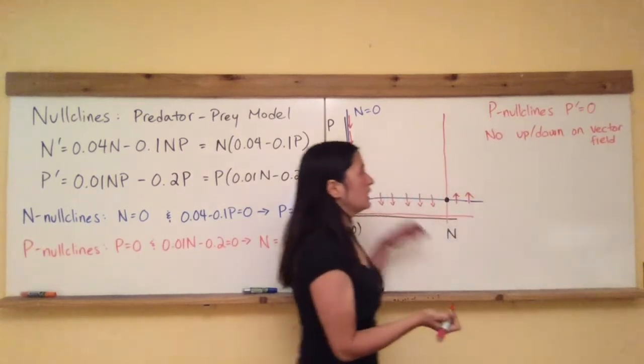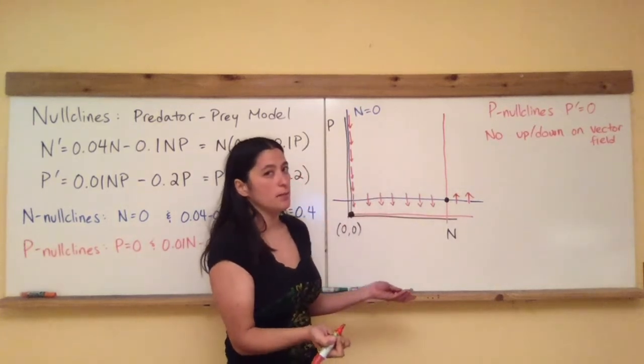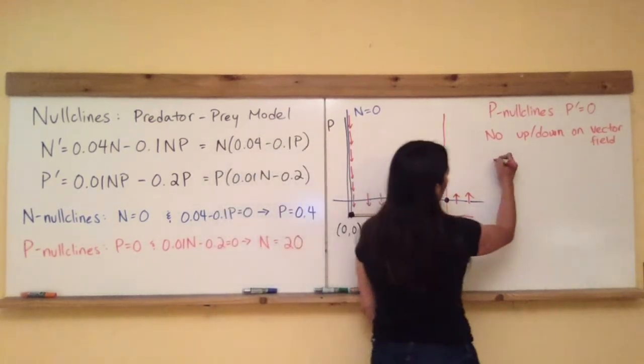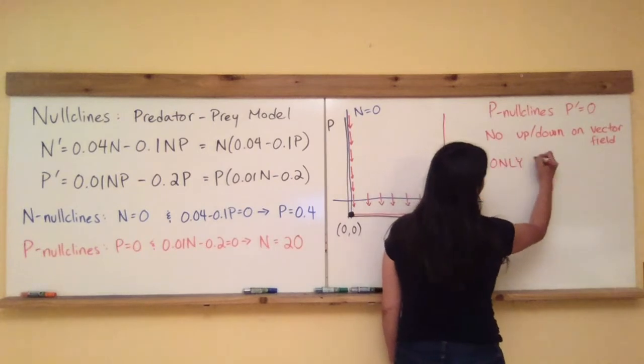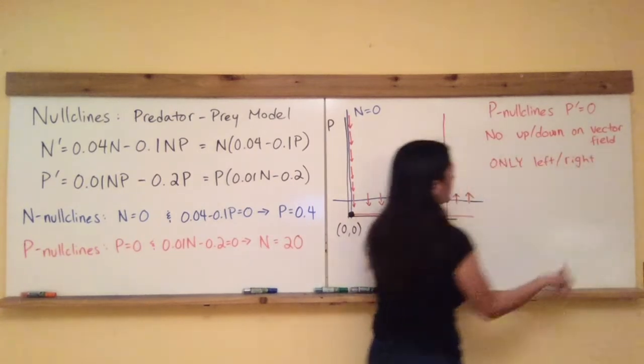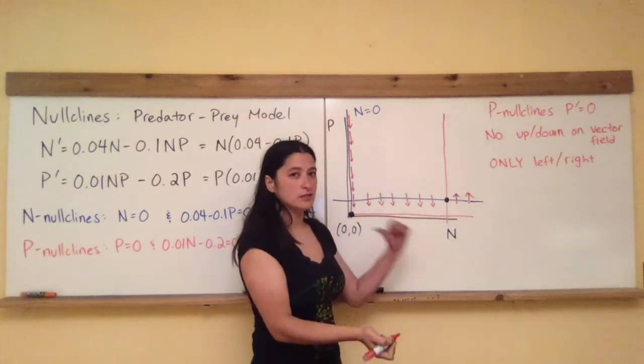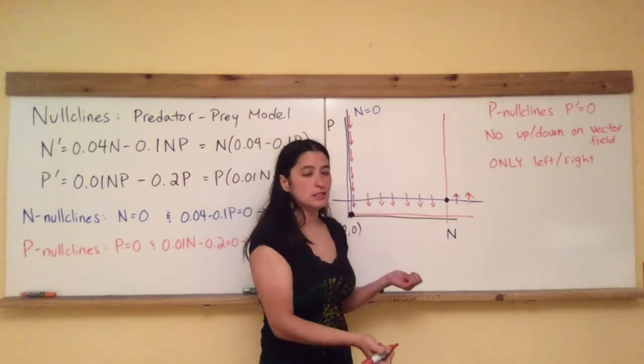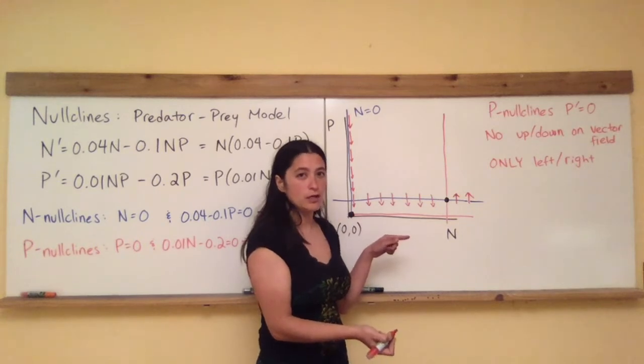Okay, as long as we stay on the p nullclines, there's not going to be any up and down. But what we're going to see is we're only going to have left or right. We're going to have left if dn dt is negative, that's going to point to the left. If dn dt is positive, then it's going to point to the right. Okay?